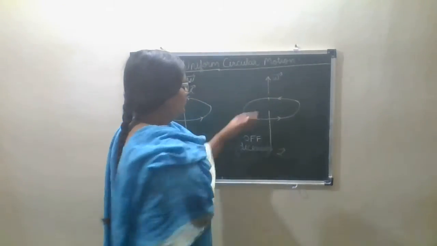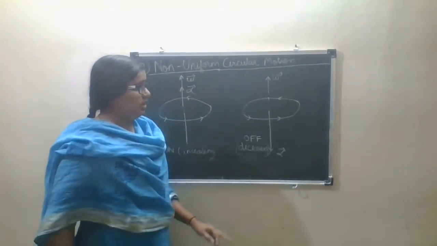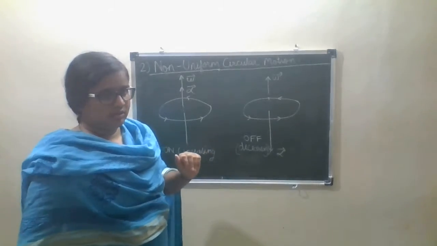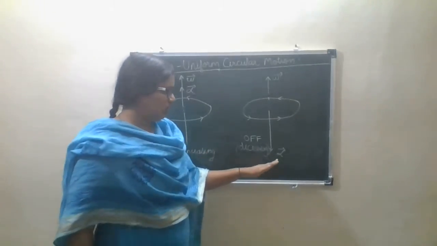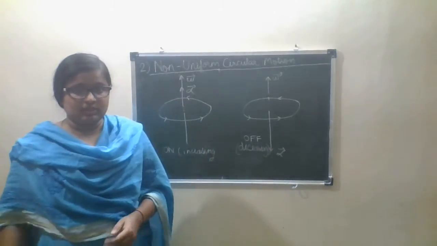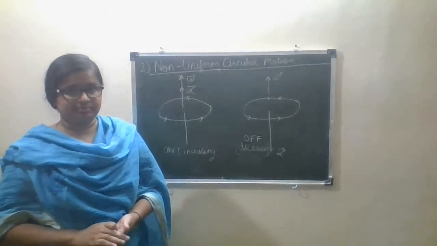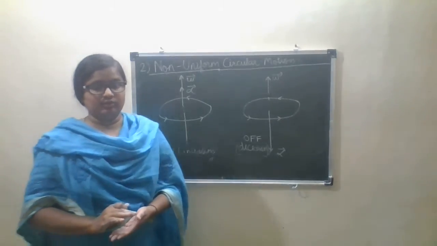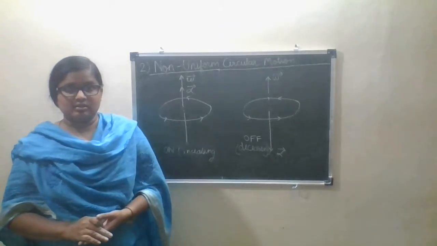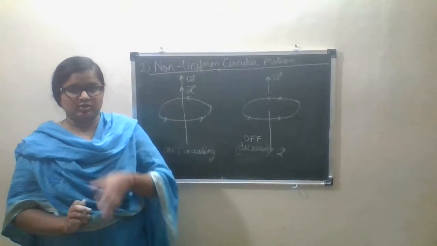Here you can see that the angular velocity is in the upward direction, and the angular acceleration is in the downward direction. It means that when the fan is switched on, the direction of the angular velocity and angular acceleration is the same.